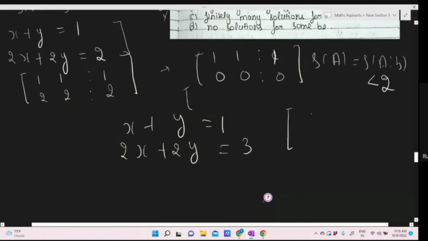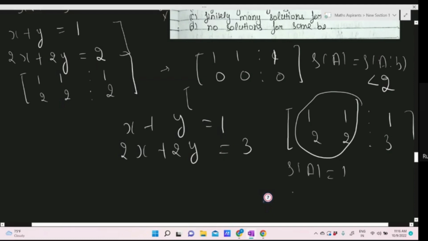After putting into the augmented form, we will get, here you can see that rank of the matrix A is 1 and rank of A augmented b is 2, which is the case where they are not equal. And this is the case of no solution. So option D is correct.